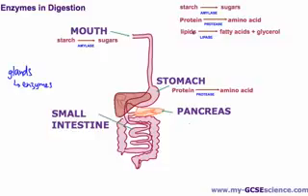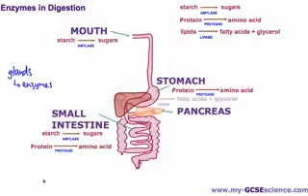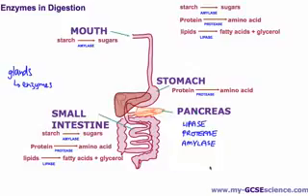Then, to make it nice and simple, just remember that the small intestine does everything. So you can bring all three down here. And to keep it simple still, the pancreas also produces all three enzymes. It doesn't actually digest the food itself, it puts these enzymes into the small intestine.